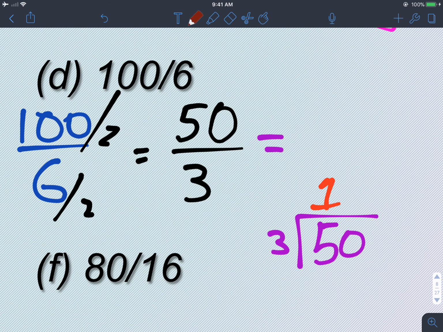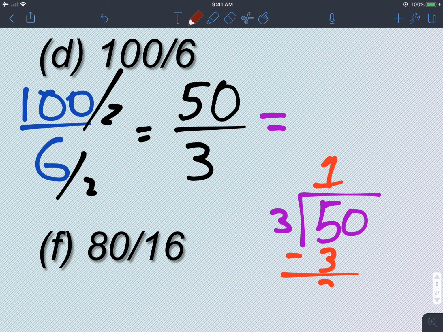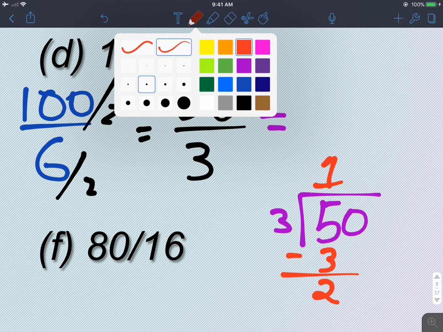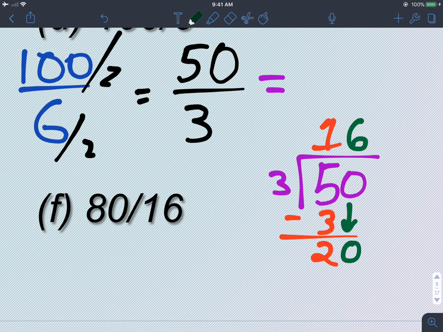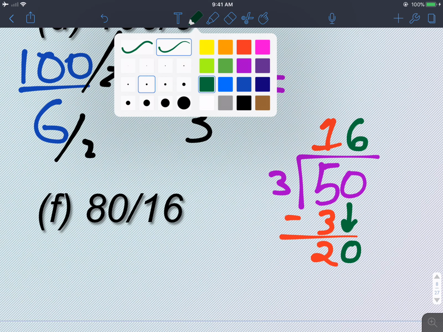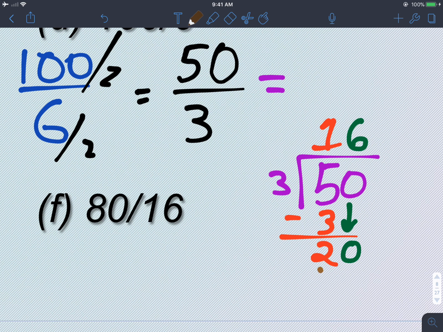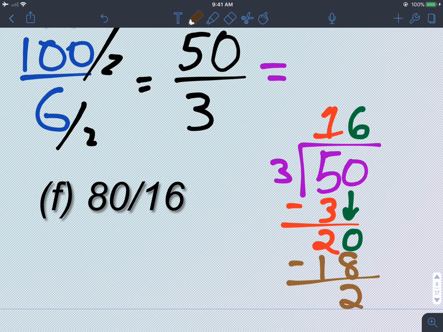And then 3 times 1 is 3. Subtract. So that's 2. Bring down the 0. How many times does 3 go into 20? 6 times. 6 times 3 is 18. 20 minus 18 is 2. So that's remainder 2.